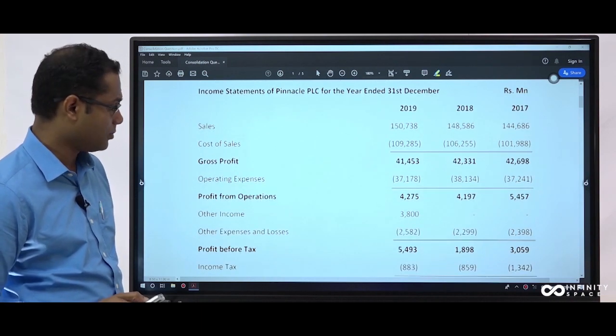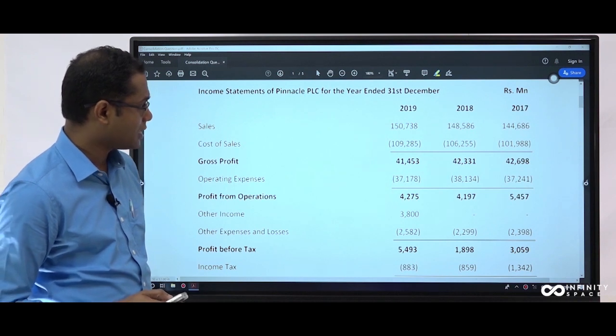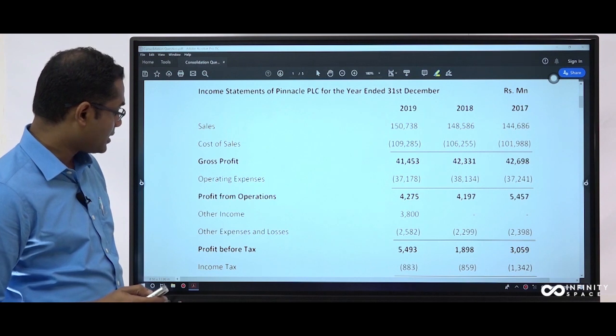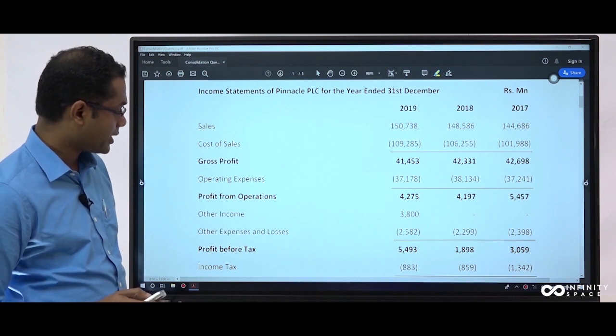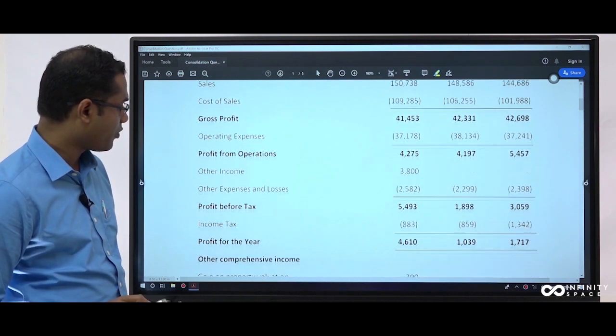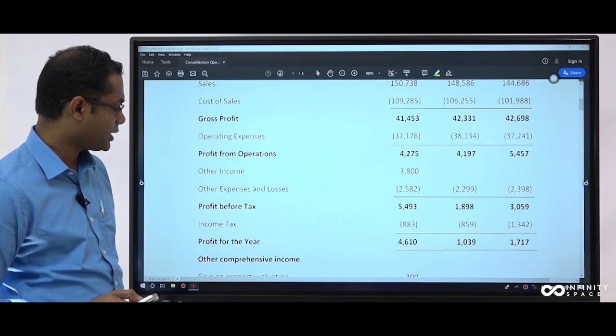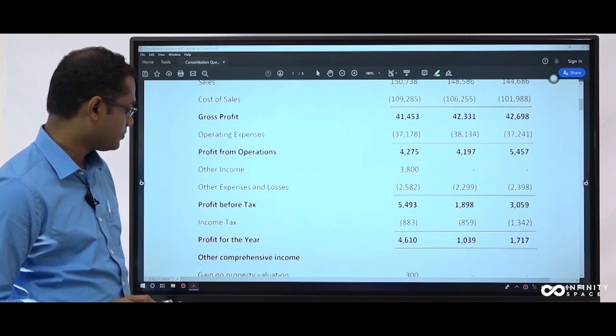Then there is another income, which is only in the year 2019, 3,800. Then other expenses and losses 2,582, profit before tax 5,493, income tax 883, profit for the year 4,610.